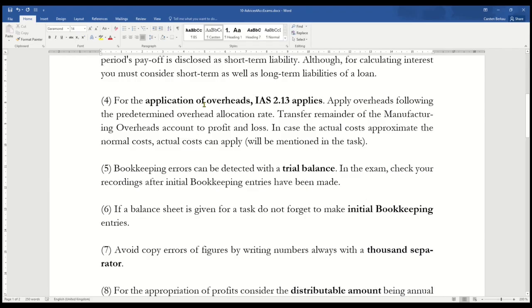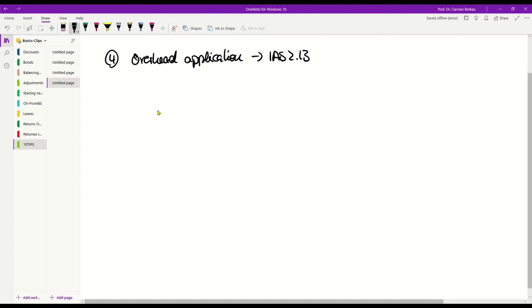For any application of the overheads, you must consider International Accounting Standard 2, paragraph 13. This requires that you apply the predetermined overhead allocation rate. We actually have to calculate a predetermined overhead allocation rate.